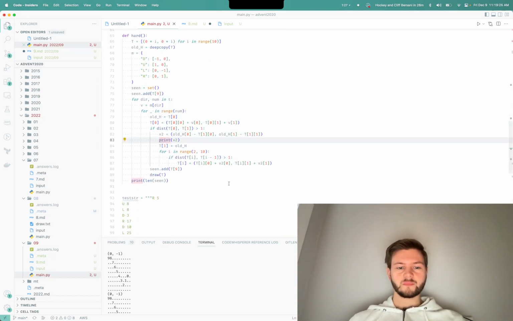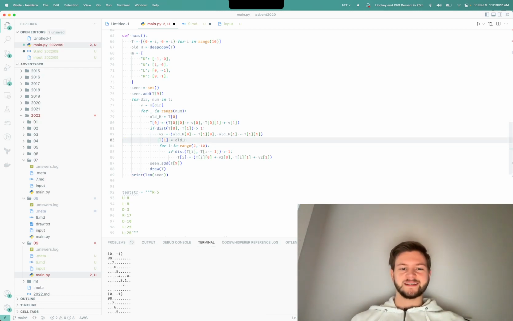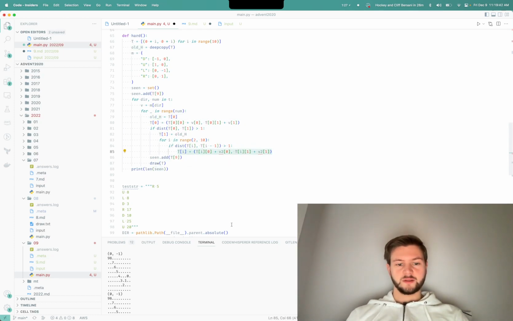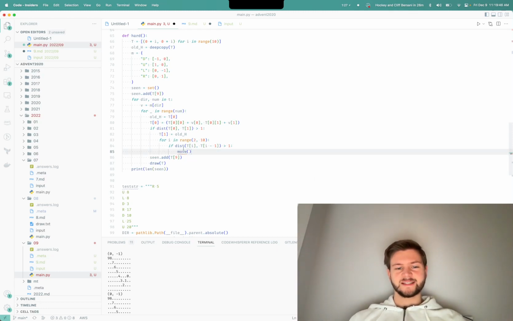Basically, let's remove this. Let's remove this. This is correct. Now this is what I want to fix. And in my opinion, we need to write a new move. So we're going to call it move ti, ti minus one.